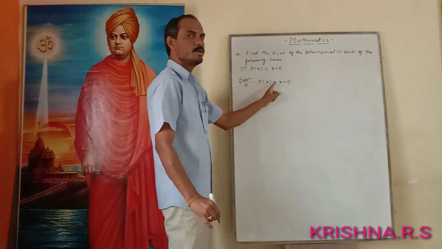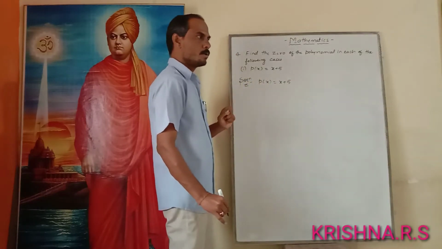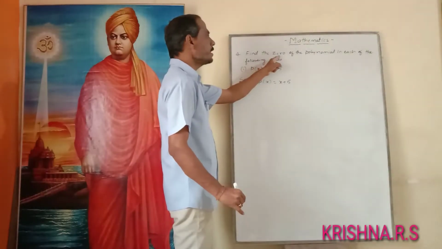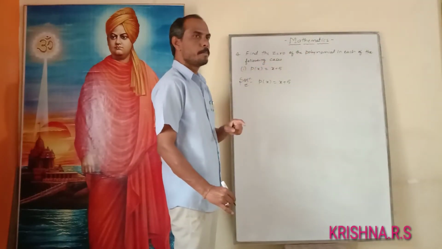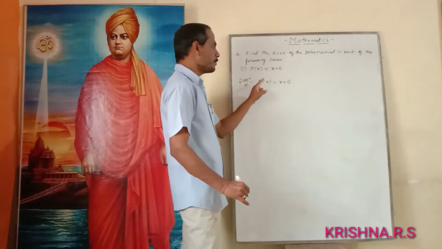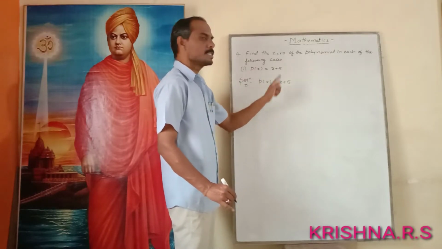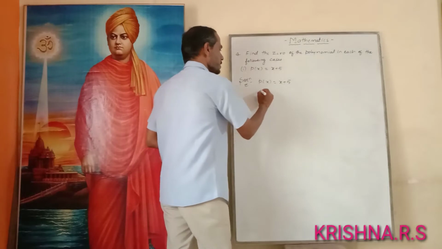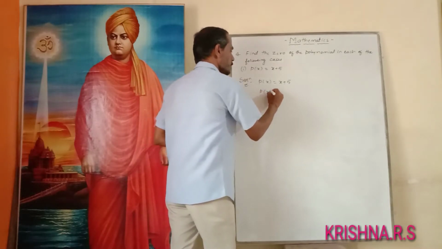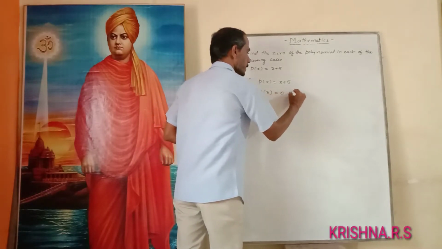P of x is equal to x plus 5. What are we going to find here? The zero of the polynomial. It means that for a specific constant value of x, P of x becomes 0.